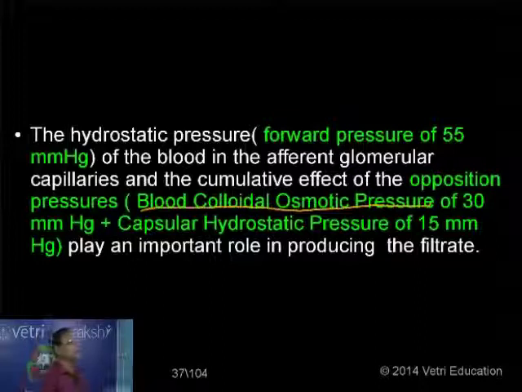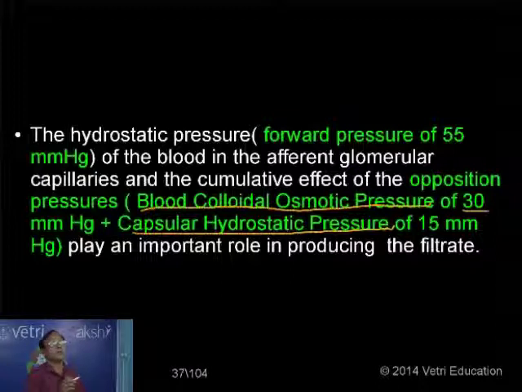It is about 30 millimeter mercury. The other pressure exists in the capsule of the Bowman's organ, and is called capsular hydrostatic pressure. It is about 15 millimeter mercury.